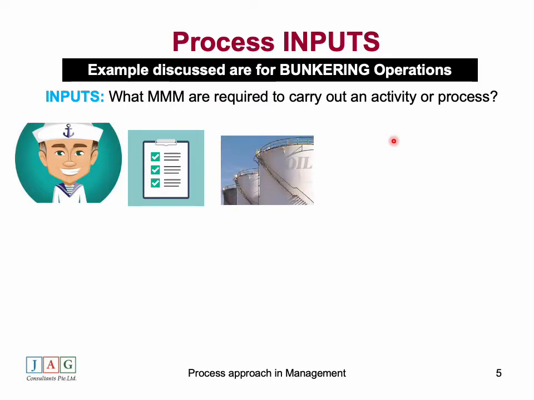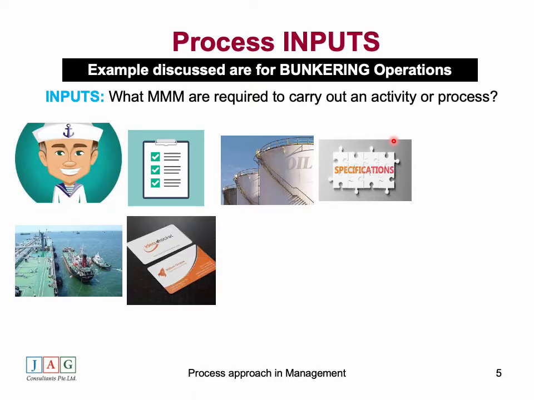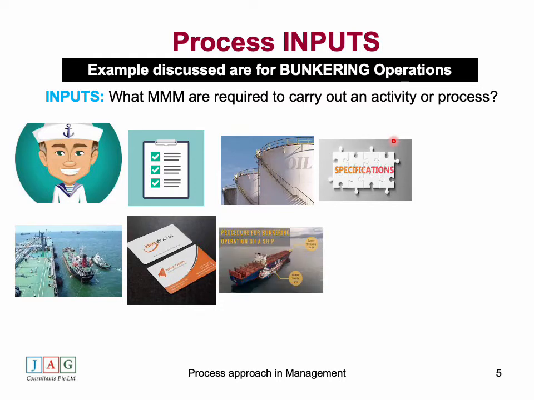Then you also need to know the quantity of oil bunkers that have to be taken. Then you also need the specifications of the bunkers, the bunker barge details, the contact details of the agent, local representative. Then you also require the bunkering procedures that every company has: its bunkering procedures, bunkering plan, and a checklist.